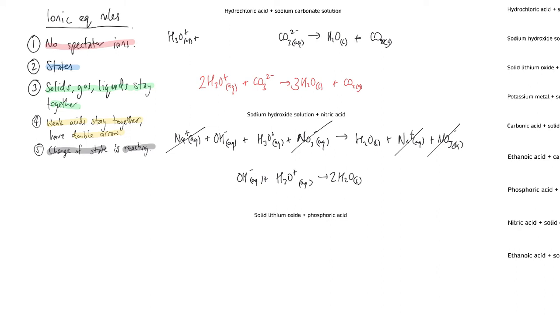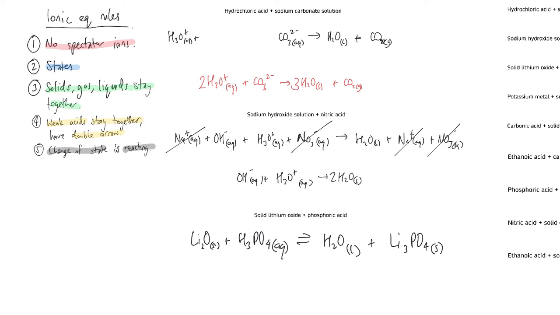So lithium phosphate, if you check your data sheet, is insoluble. Therefore, solid lithium oxide, Li2O solid, plus H3PO4 aqueous, because we know it's a weak acid, so we've got to put double arrows in. Because it's an acid plus an oxide, it's going to form water, liquid, and it's going to form lithium phosphate solid.